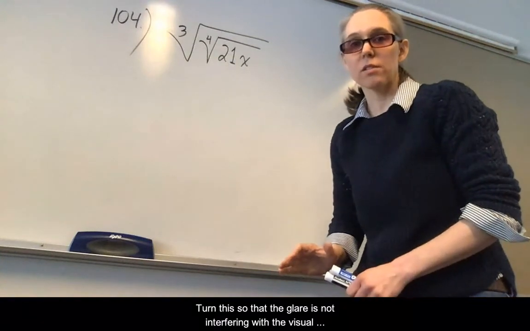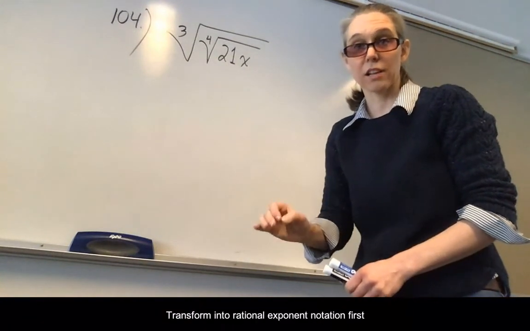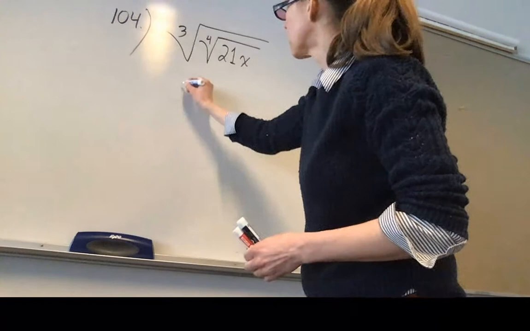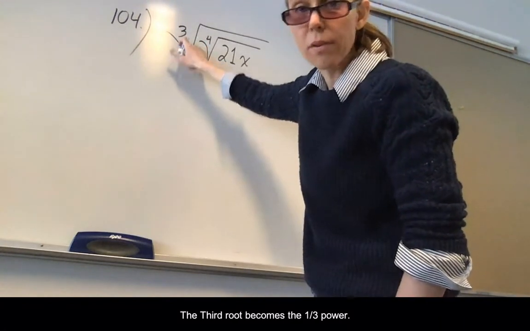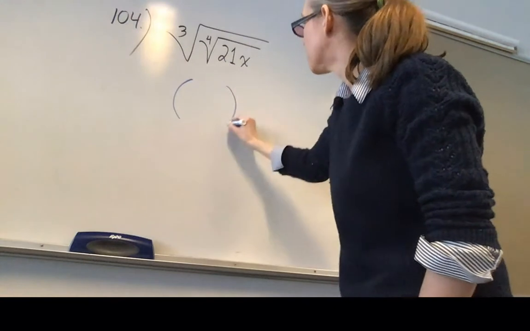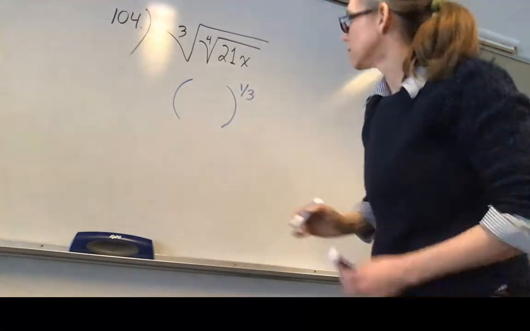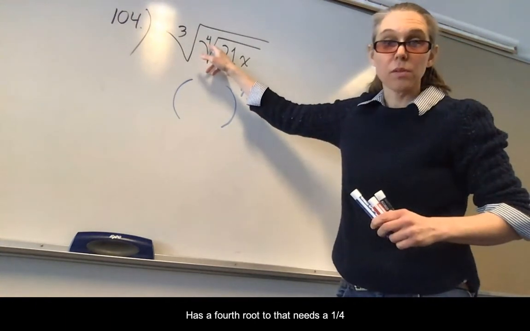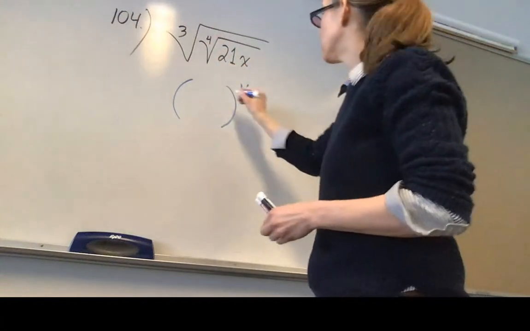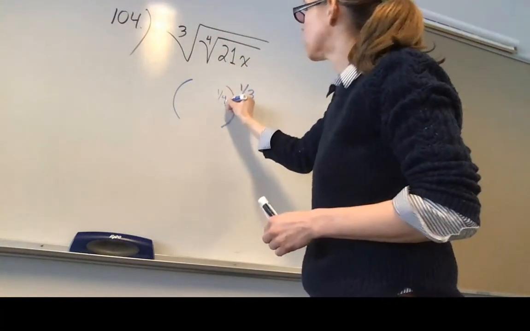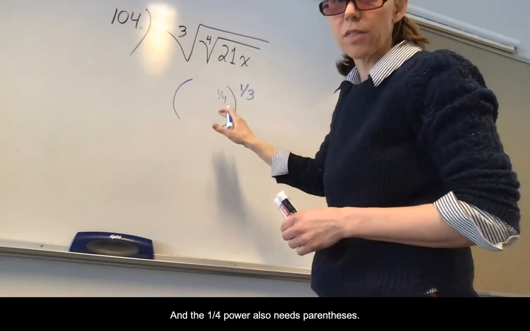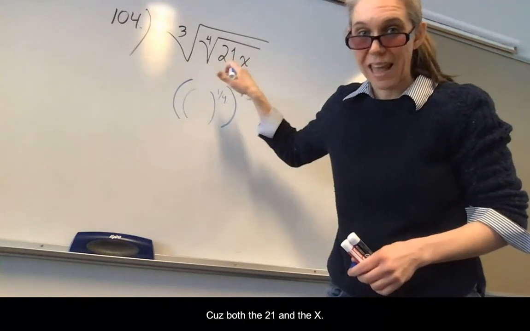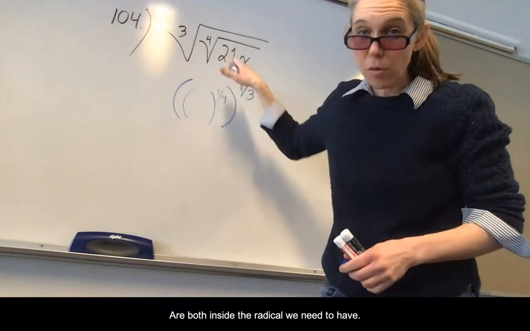Okay, so what we want to do is transform into rational exponent notation first. The third root becomes the 1/3 power. That's the outer part. The inner part has a fourth root, so that needs a 1/4 power. And the 1/4 power also needs parentheses, because both the 21 and the x are both inside the radical.